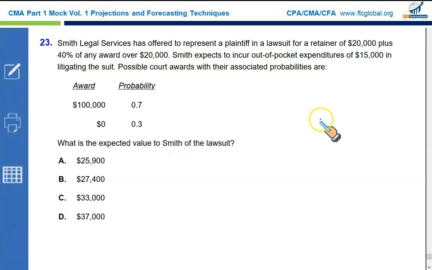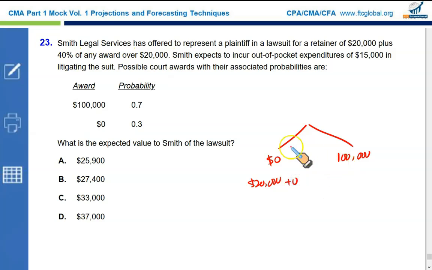Right? Let's see. Either the award is 0 or it is $100,000. If it is 0, Smith Legal Services will receive just $20,000 and will not be able to receive any 40% of the award because there is no award.